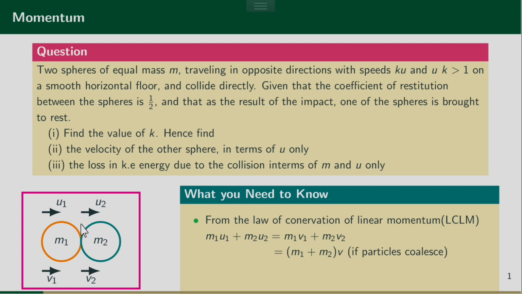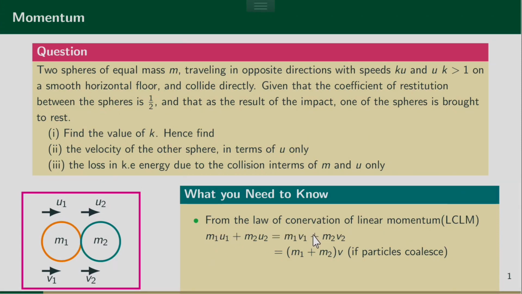We can write it as the momentum of the first object, which is m1 multiplied by u1, added to the momentum of the second object, which is m2 multiplied by u2. The sum of these two momenta gives you the initial momentum. To obtain the final momentum, we just take their masses, multiply by their final velocities and add them. So mathematically, this is how the law can be written.